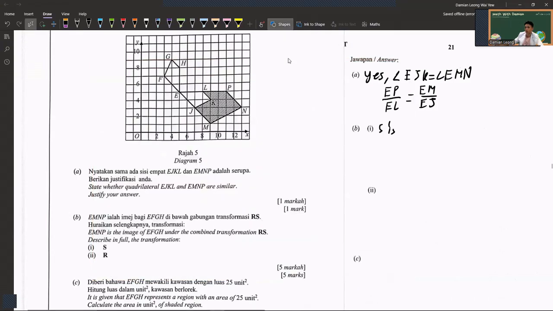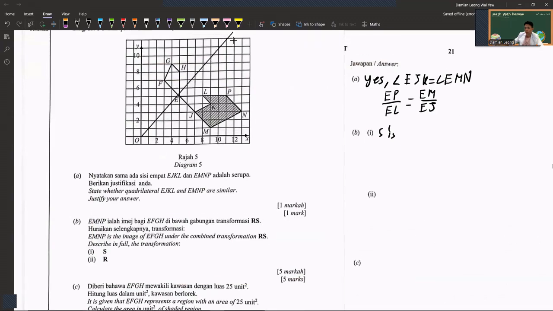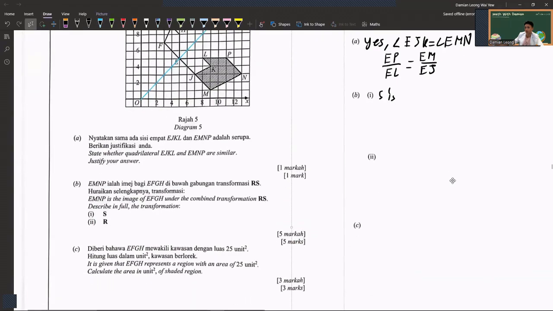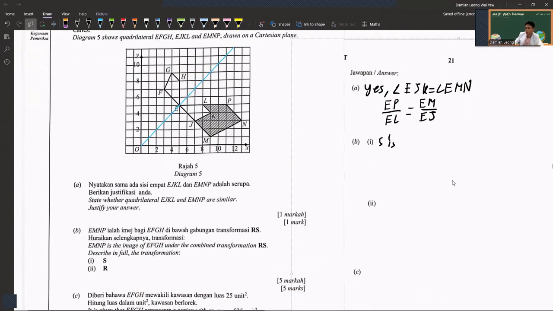So it would basically be like this. That's the axis of reflection. So S is reflection on the line y equals x. Diagonal line like this is y equals x.